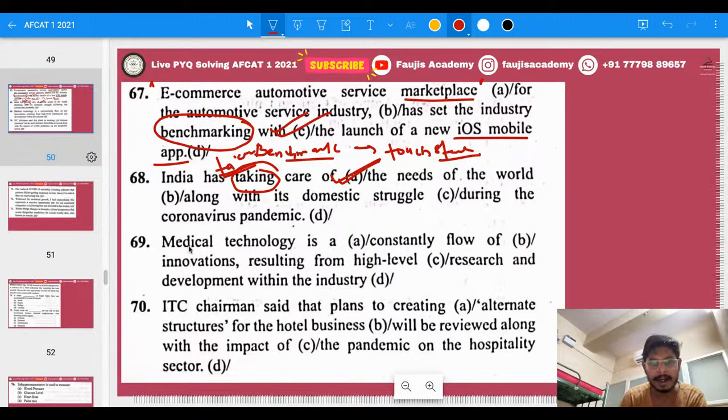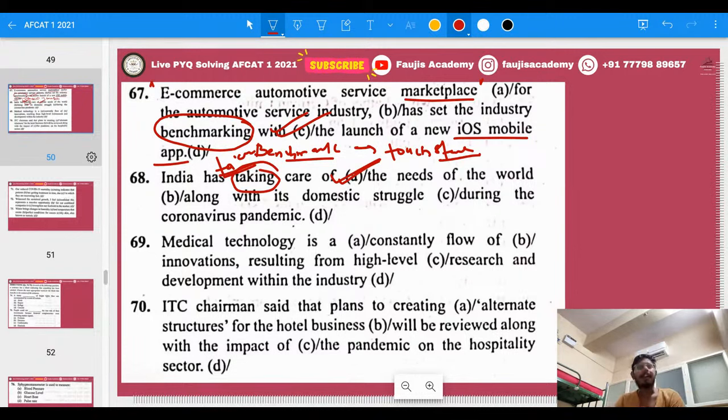Medical technology is a constantly flow of innovations resulting from high level research and development within the industry.